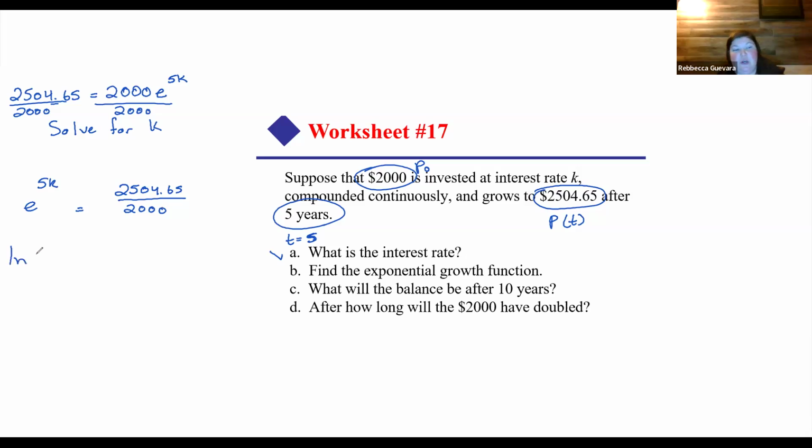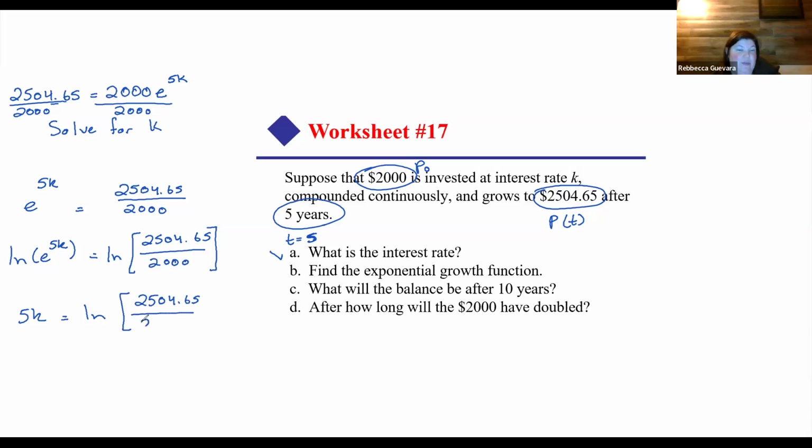We need to do a natural log of both sides, so we can take care of this base e and we can get that exponent down. We have to make sure we do it to the other side as well. So natural log on both sides. We know that's going to leave me with 5k is equal to natural log of 2,504.65 divided by 2,000.